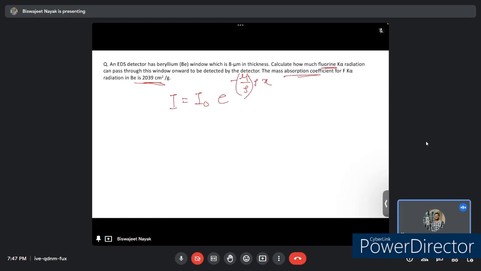So here one more parameter we need to know is the density of beryllium. Here density is given as 1.848 gram per centimeter cube.